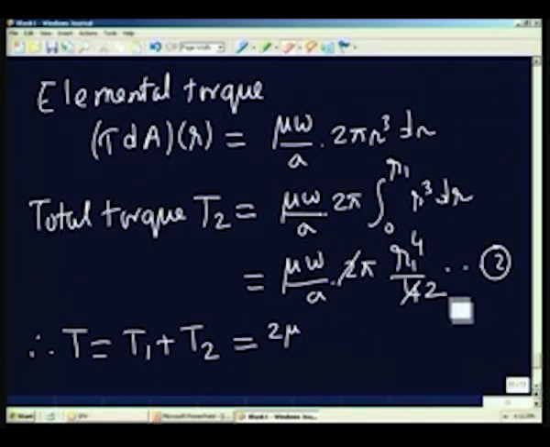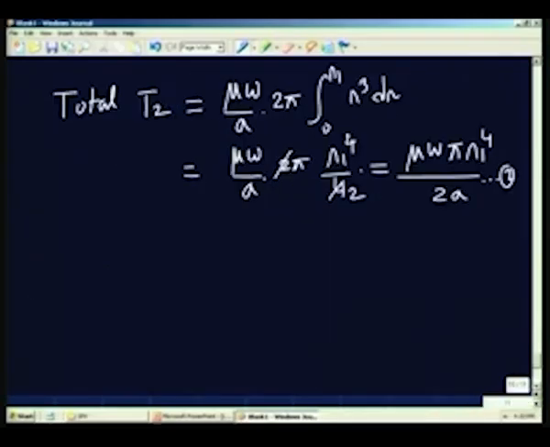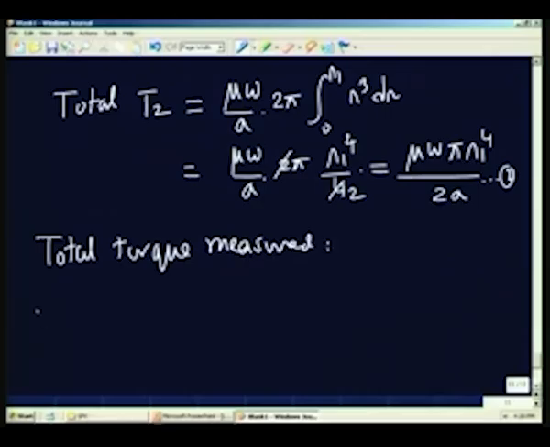Let me just verify the expression in the previous page. This is expression 1, 2 pi mu r1 squared r2 L omega by b. So the total torque, which is measured, will be equal to T equal to T1 plus T2. Mu is common for both the expressions.